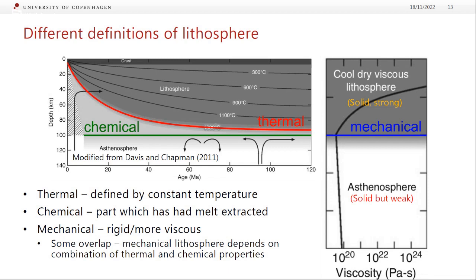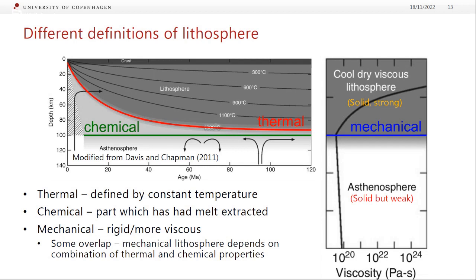This is 1300 degrees C, a line of constant temperature. We can have really high temperatures right underneath the mid-ocean ridge, so the thermal lithosphere is very thin there. Another one would be the chemical lithosphere, and this is because when we remove melt, we change the composition. This can also make it more rigid. A key thing here is that if you have water in mantle rocks, it makes them a bit more plastic.